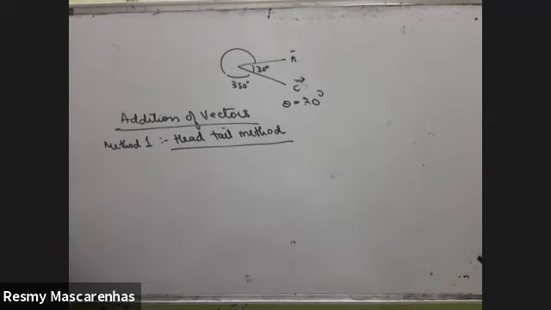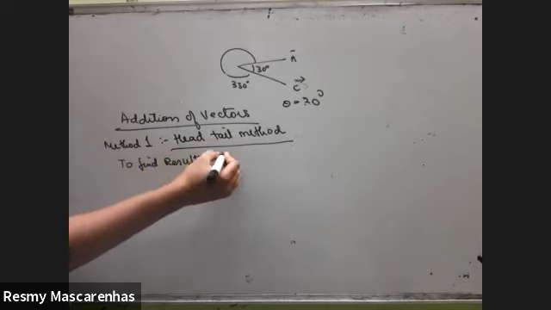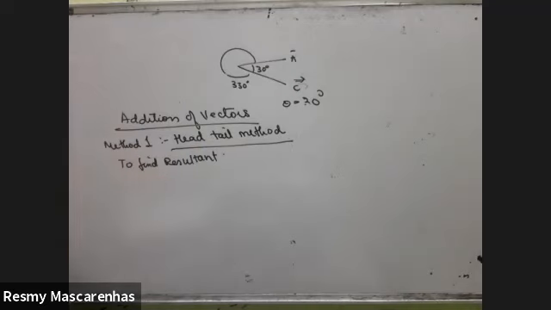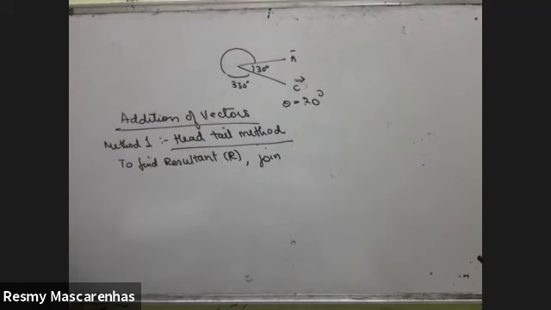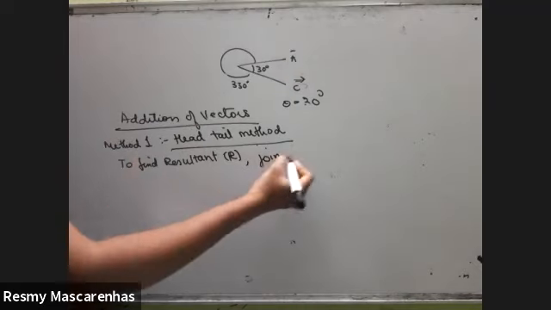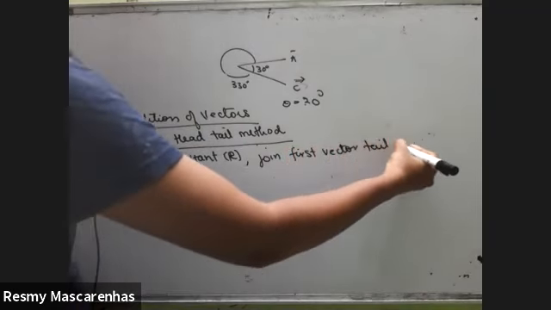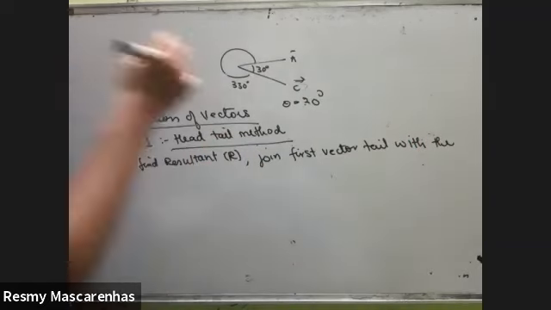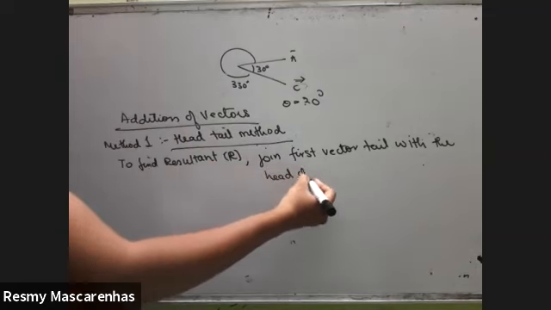For head tail method, what you have to do is, we will always have something called as resultant. To find resultant, join the first vector's tail with the last vector's head, the head of the last vector.